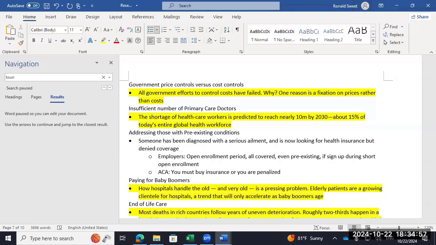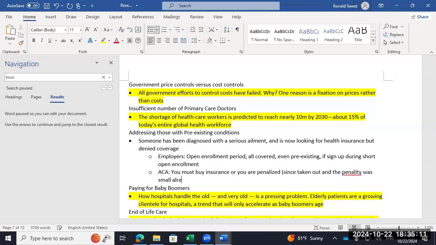And then what did President Trump do? He took that penalty away. So it's since been taken out, and the penalty is small. Ready? But the ACA also has an open enrollment period as well.